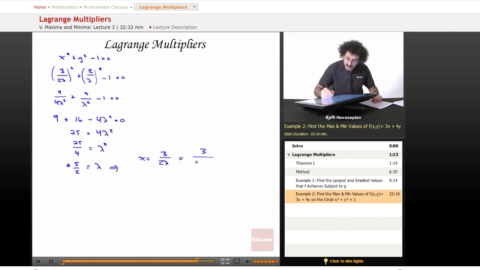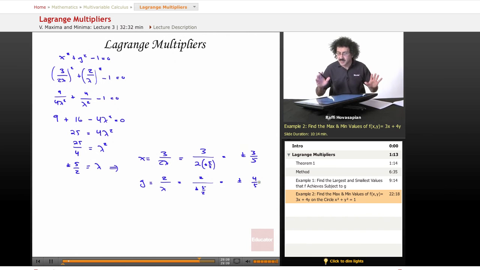Let's not miss anything here. 3 over 2 times plus or minus 5 halves. So it's going to end up equaling plus or minus 3/5. Now y is equal to 2 over lambda, which is equal to 2 over plus or minus 5 halves, which equals plus or minus 4/5. And I hope I've done my arithmetic correctly.